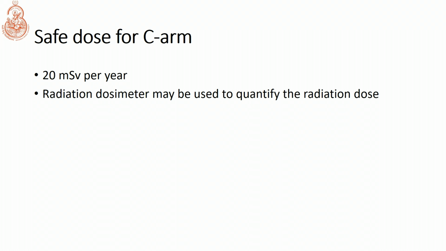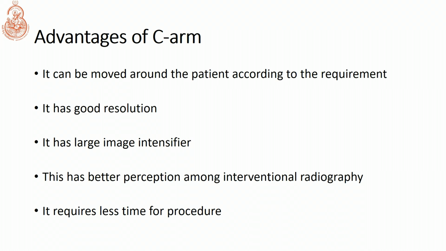And this radiation dosimeter, as we learned before in radiation protection, shall be used exclusively by a person and shall be used all the time whenever the projections are being taken.